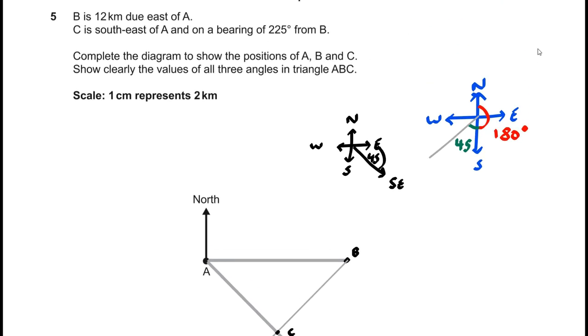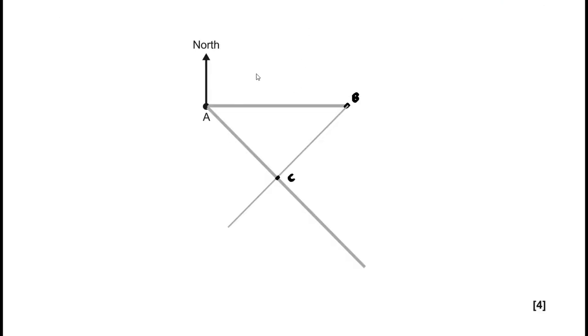So now that we've got all that, we've got the 45 degrees here, we've got 45 degrees here, and then we've got the 90 degrees here. So we've shown all the angles in our triangle.